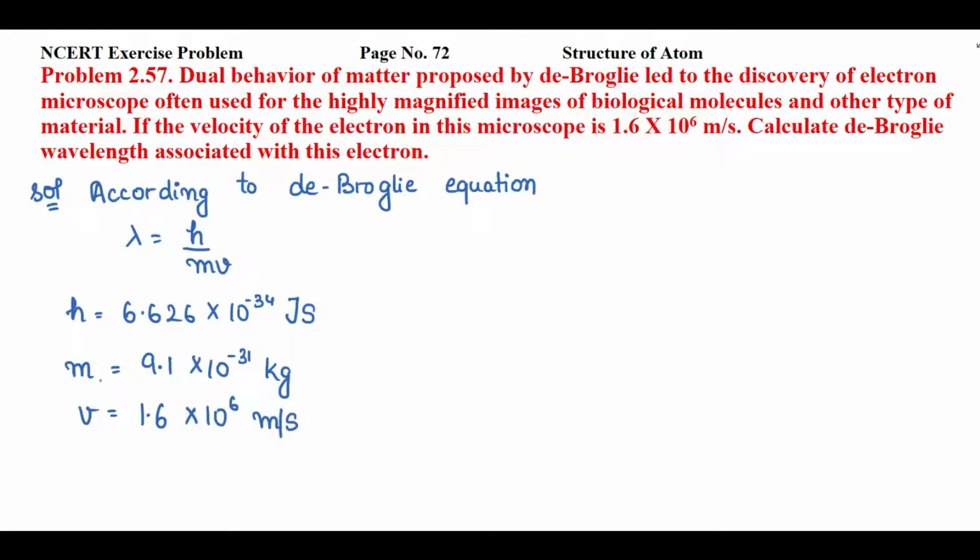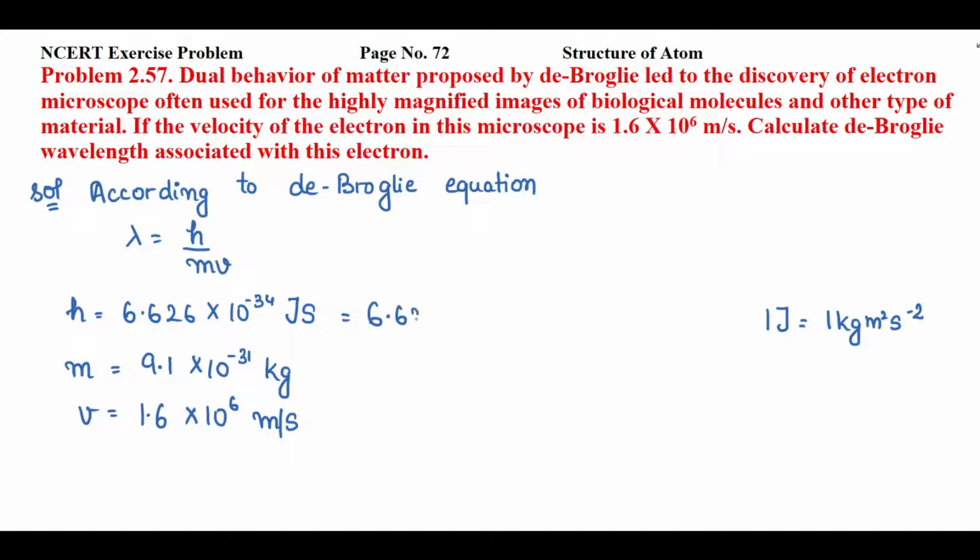Now, if you see, the mass of electron is in kg and velocity in meter per second, right? So to cancel the units, I have to convert this joule in terms of kg as well as meter per second, right? So I know that 1 joule equals 1 kg meter square second inverse square, right? So I'll simply put the value over here.